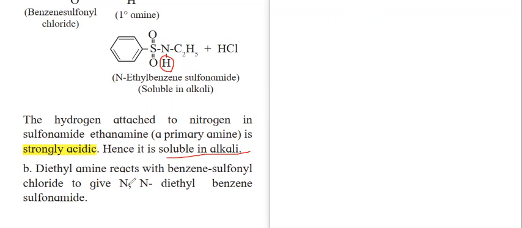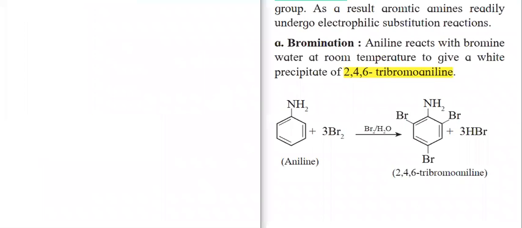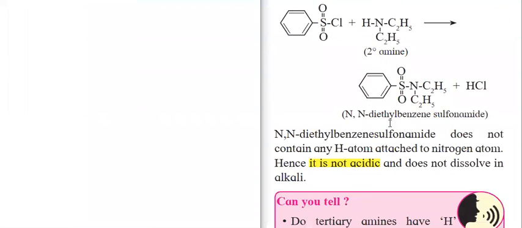Now in this case, the amine is a secondary amine, diethylamine. It does not contain this hydrogen, and because of that it will not be acidic in nature. We will see what happens. See, this is our secondary amine. This is one ethyl group and this is the other ethyl group.